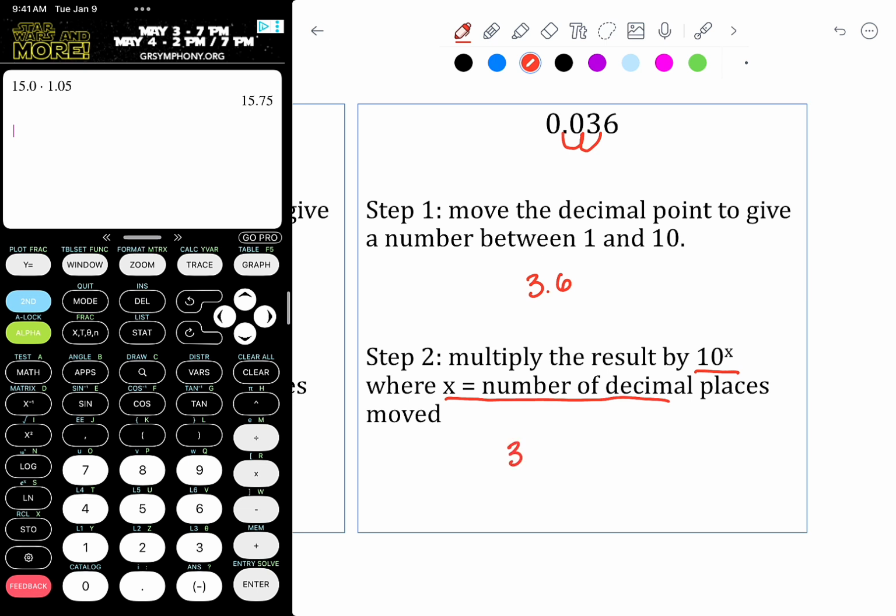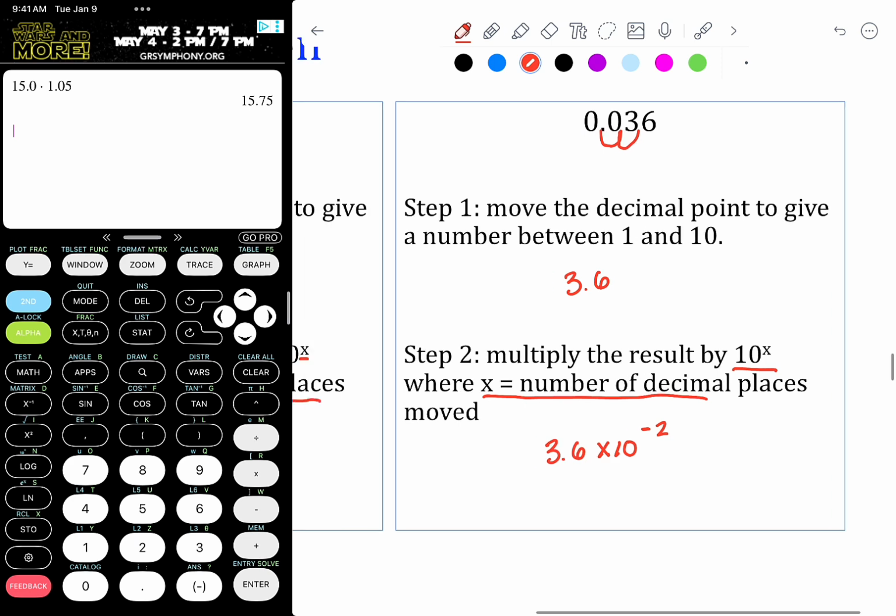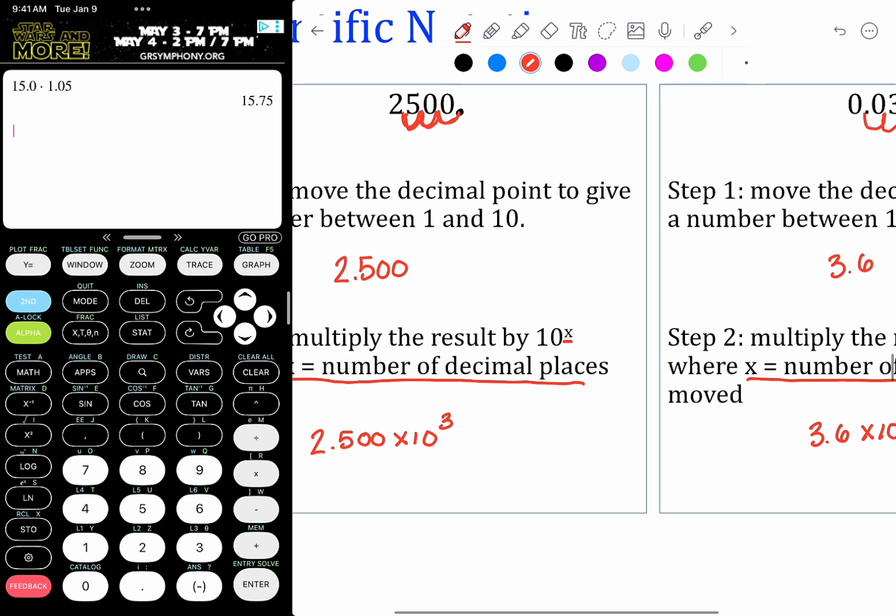So we have 3.6 times 10, and we've moved it twice, but because we went to the right, because we're using a small number, we have to put a negative in our 2. That negative tells me that I moved my decimal place to the right, whereas on my other one, because I moved my decimal place to the left, it's a positive number.